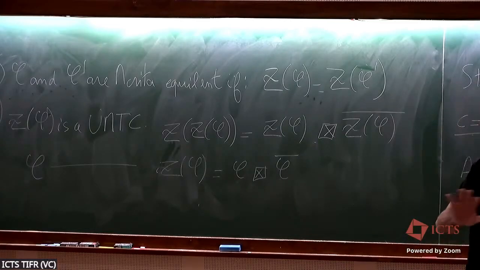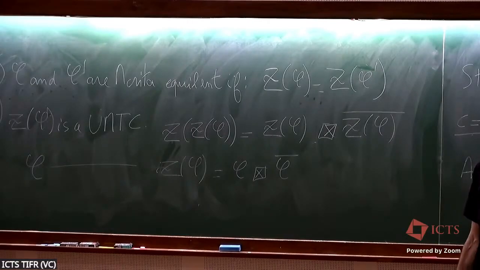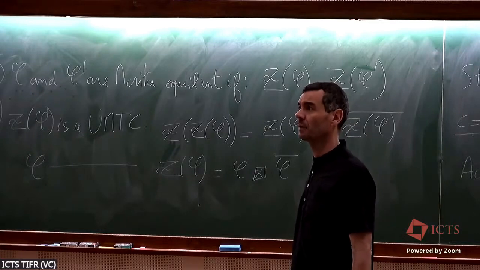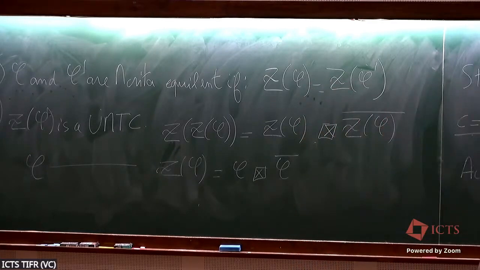Even for non-UMTC, even just for fusion categories, for any fusion category, even if it's non-braided, C bar is a time reversal conjugate. It's just two copies with opposite chiralities.